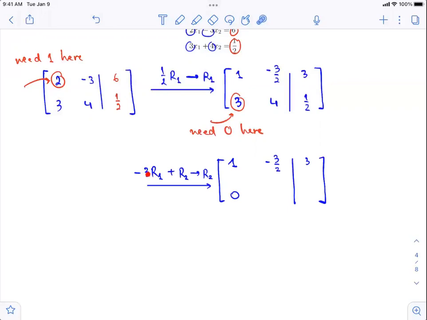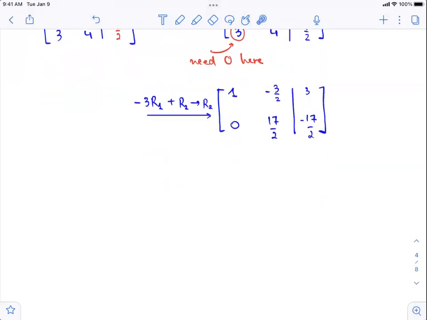Now -3 times -3/2 is +9/2, plus 4 is going to be 17/2. Similarly, -3 times 3 is -9, plus 1/2 is going to be -17/2.